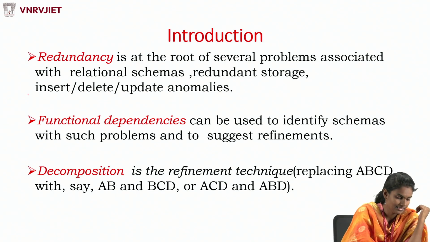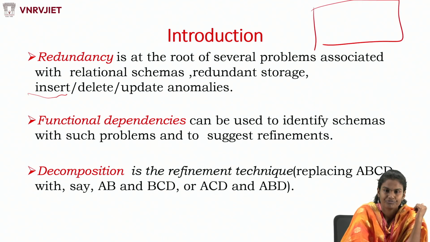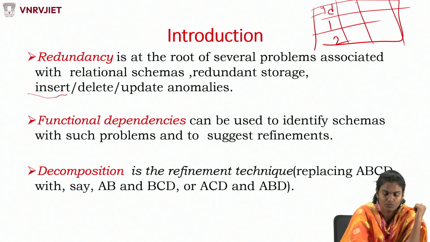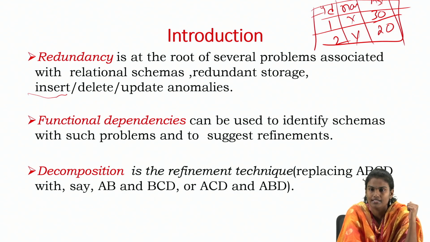Let's see the insertion anomalies. Let's look at this table. It consists of rows and columns. This is student ID, with values 1 and 2, names X, Y, and ages 30 and 20 years. Let's assume like this. Now we are focusing on insertion anomalies.